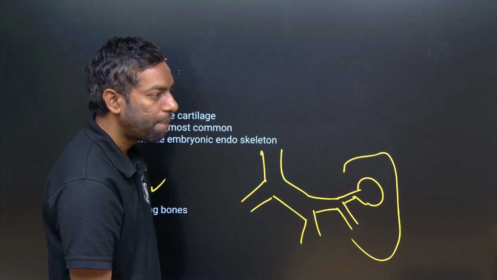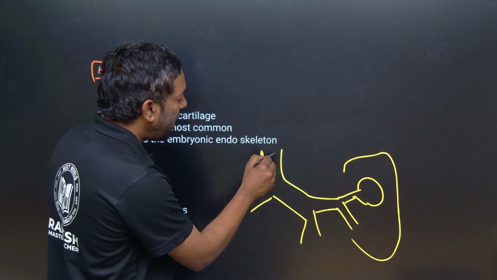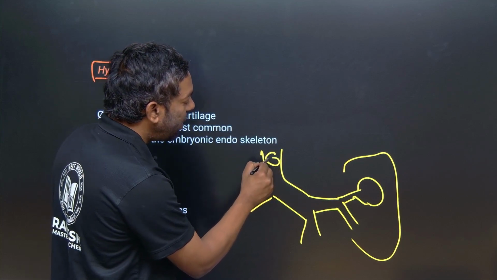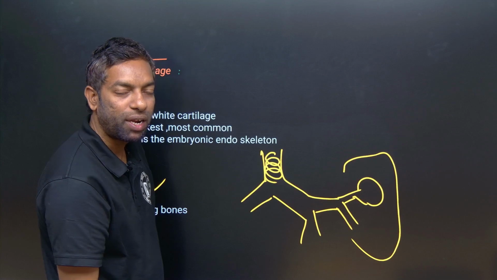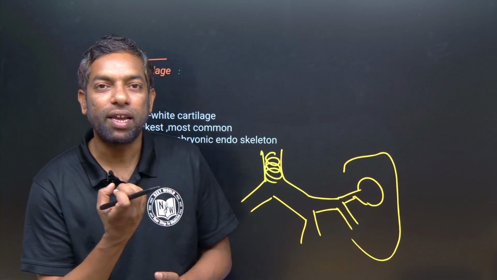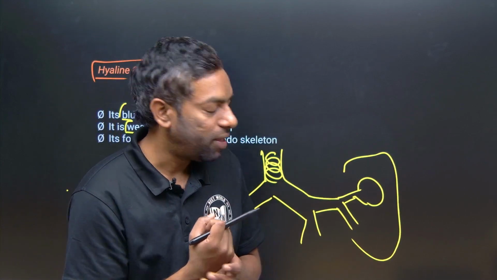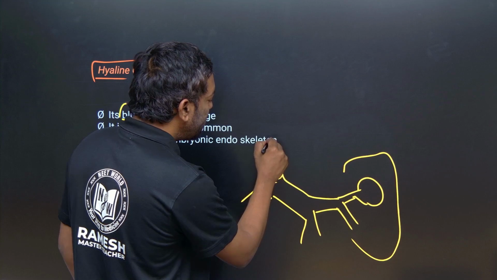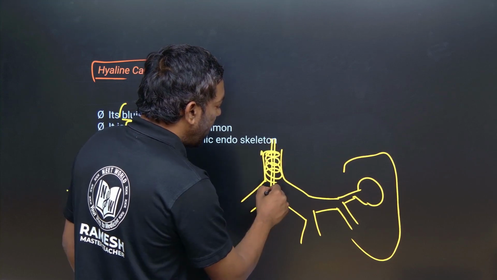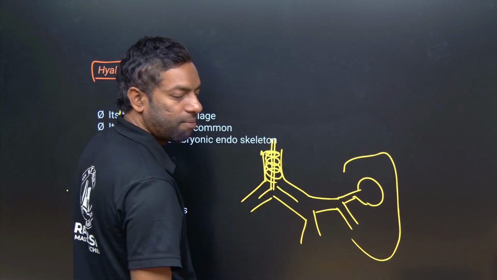This trachea has a certain type of cartilage, which means there is a chance for the trachea to contract. It provides the space which allocates the air into the trachea.